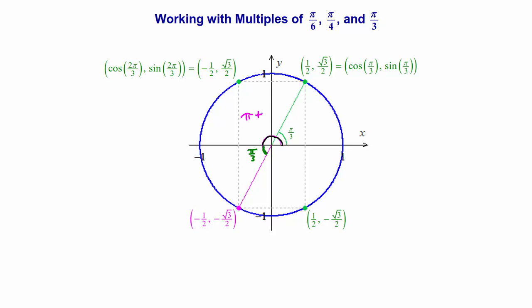So we're going to have to add pi over 3 to pi to find the pink angle, which is 4 pi over 3. So this angle here is 4 pi over 3. So the point that we knew the coordinates of is specified by 4 pi over 3. So it means that the coordinates of that point are the sine and cosine of 4 pi over 3.